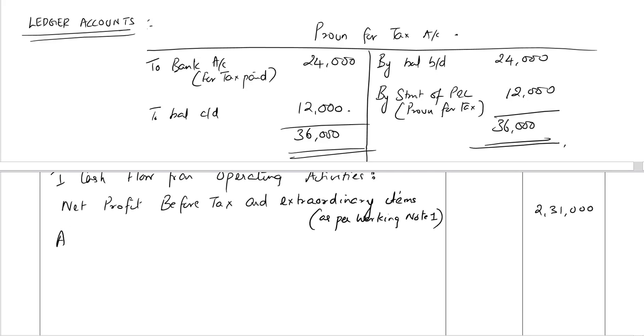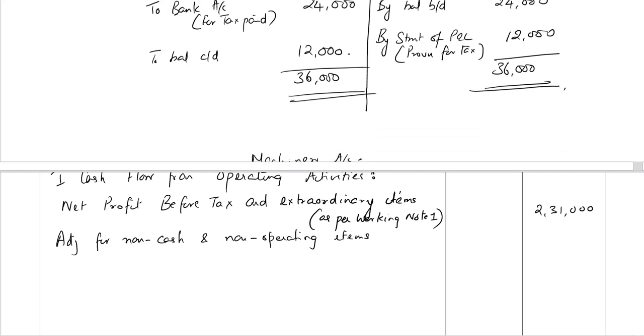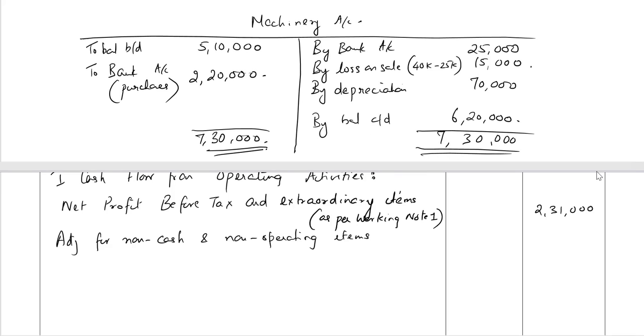We'll move on to adjustments for non-cash and non-operating items. Let's begin with the items relating to machinery. We have, under items to be added, depreciation on machinery.